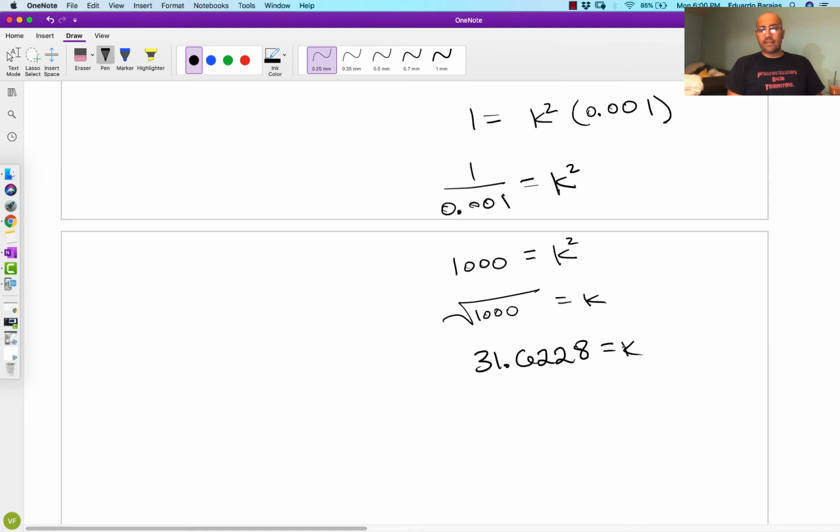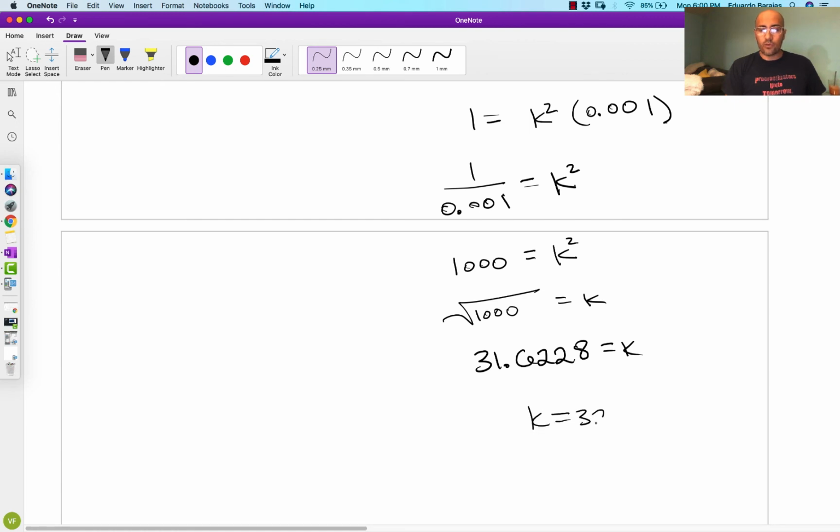Of course, we can't let k be a decimal value. K represents an integer value, right? It's a location on the list in my sequence. And so we just have to bump this up to the nearest one. So we must let k be equal to 32.